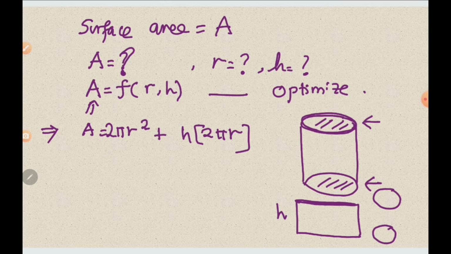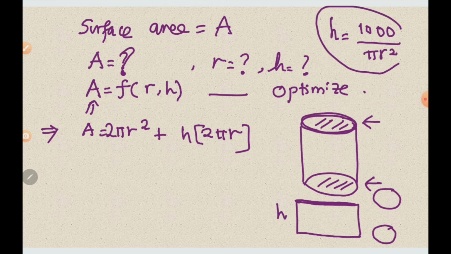Okay, so from our previous result, we already have h as the subject in terms of r, that is h is equal to 1000 over pi r squared.